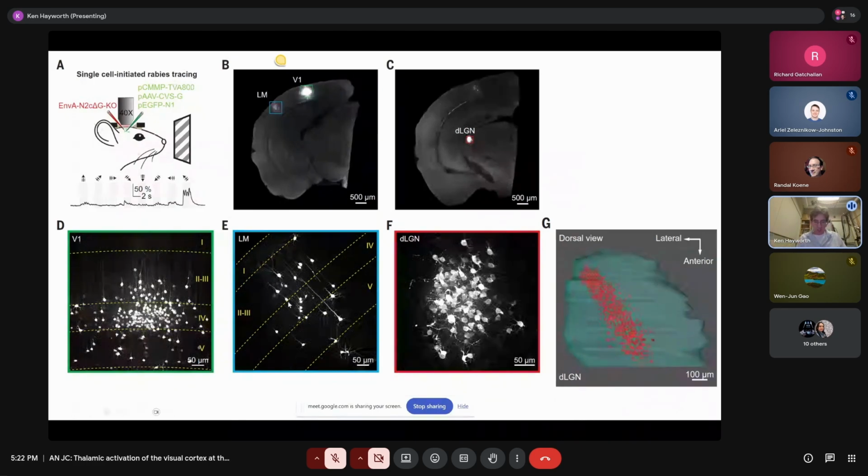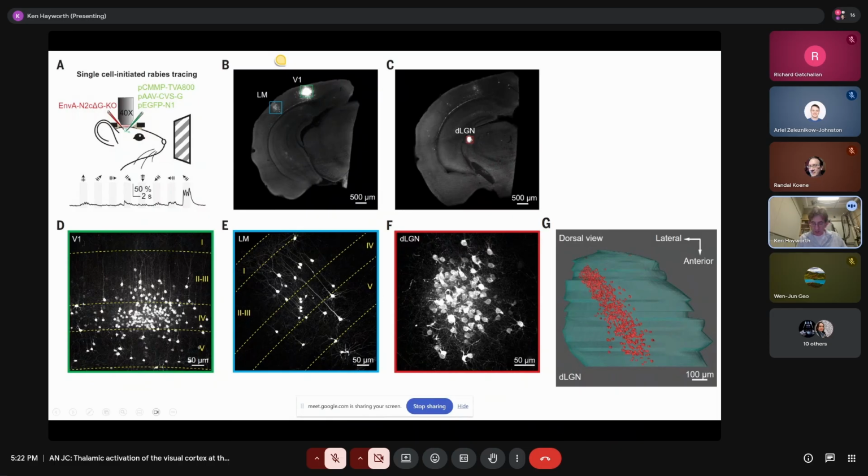Okay, and this is zooming in on each of those. This is a layer 4 cell that is being targeted. So you can see that there's a whole bunch of cells within layer 4 and layer 2, 3, and even layer 5 that are presynaptic onto our little target cell.